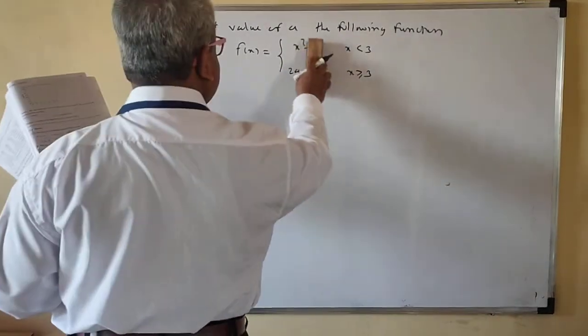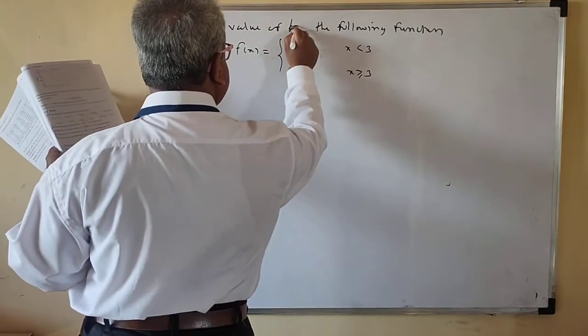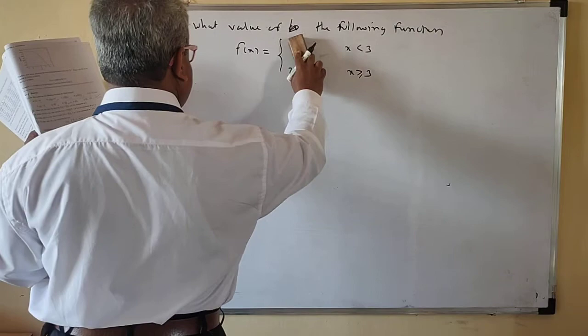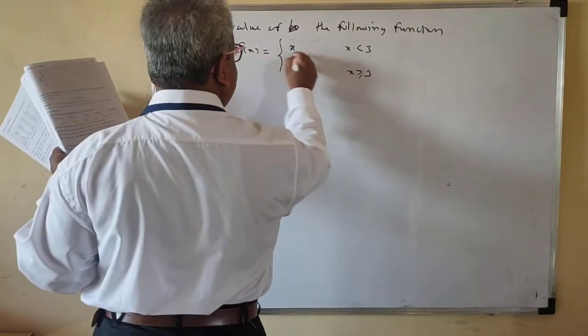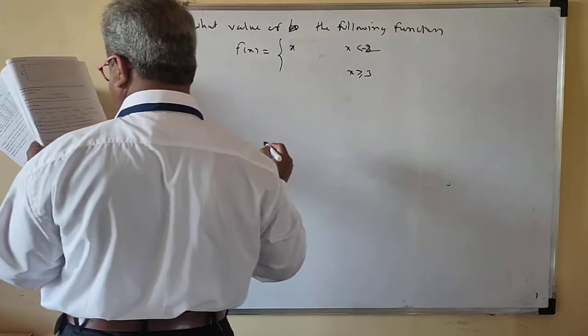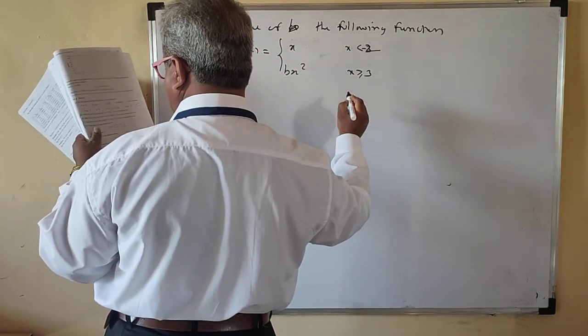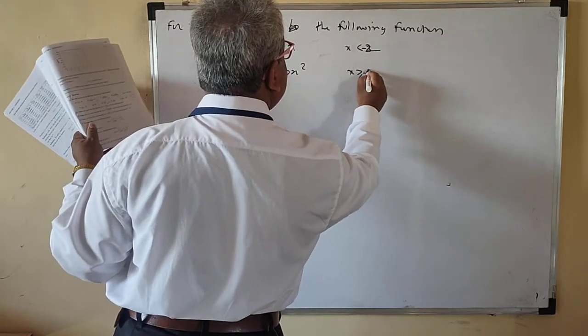So now here, suppose this is b. The problem is to find the value of b, for x less than minus 2, and bx square for x greater than or equal to minus 2.